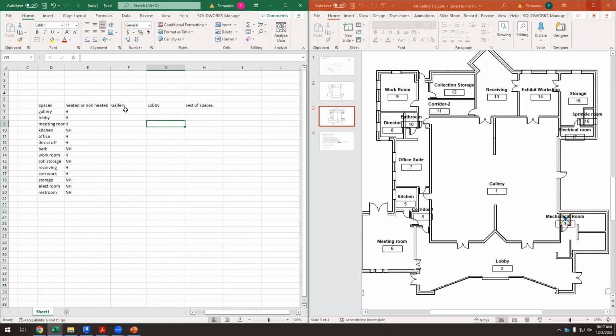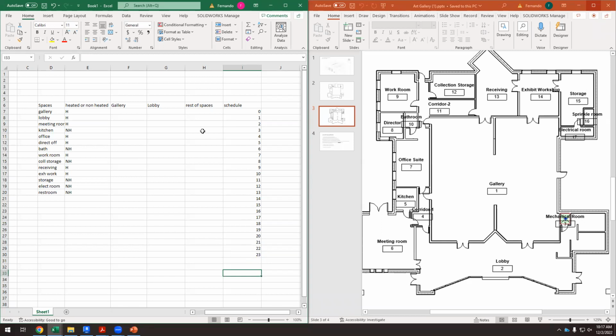In the gallery and the lobby, we have a schedule. And that schedule goes from 0, then 1, 2, 3, and so on, up to 18, and 23.